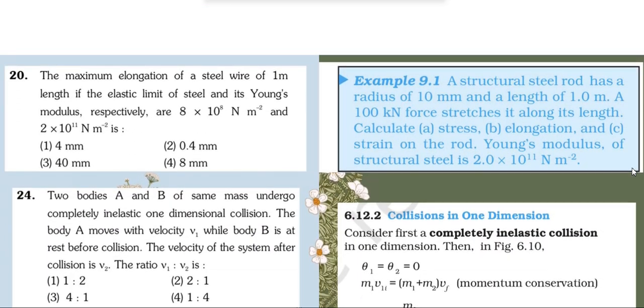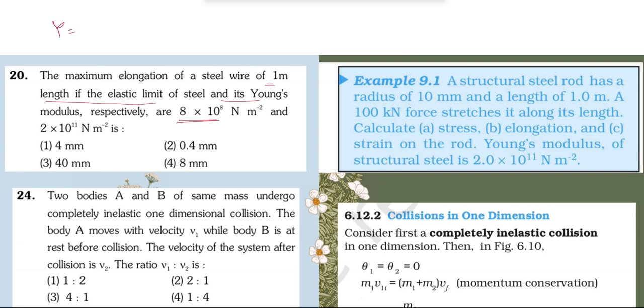So this is one direct point from our NCERT synopsis. And now look at this: the maximum elongation in a steel wire of 1 mm length, given its elastic limit and Young's modulus. Elastic limit means the maximum stress it can hold, and they also give Young's modulus.